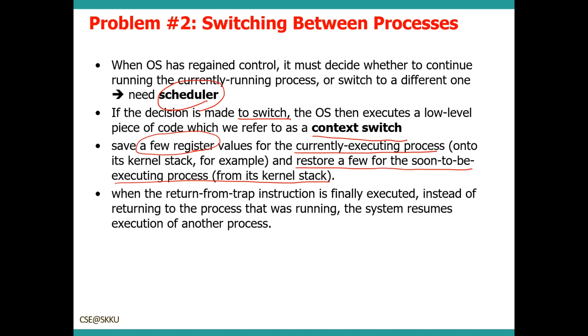By switching stacks, the kernel enters the call to the switch code in the context of one process and returns in the context of another. When the OS then finally executes a return-from-trap instruction, the soon-to-be executing process becomes the currently running process, and thus the context switch is complete.